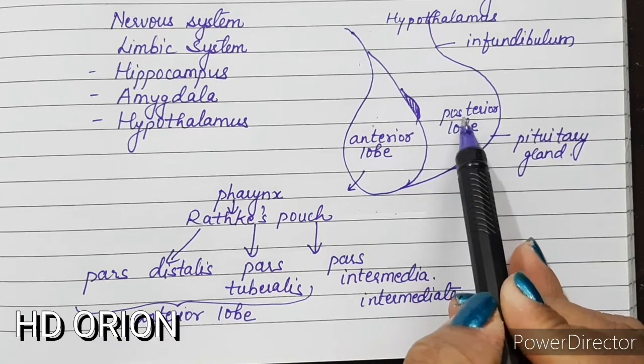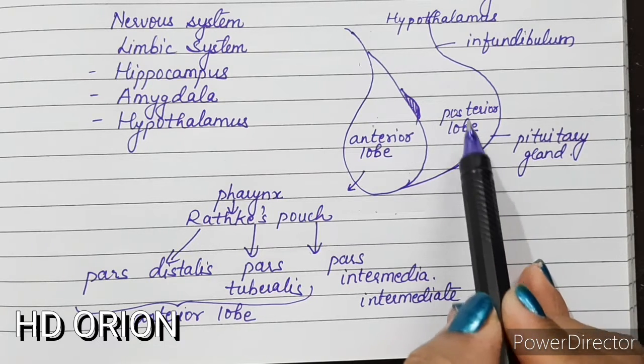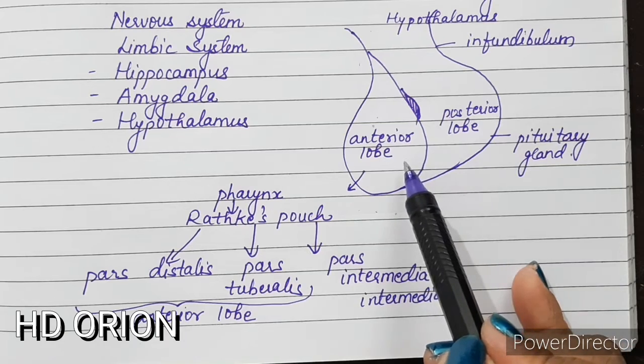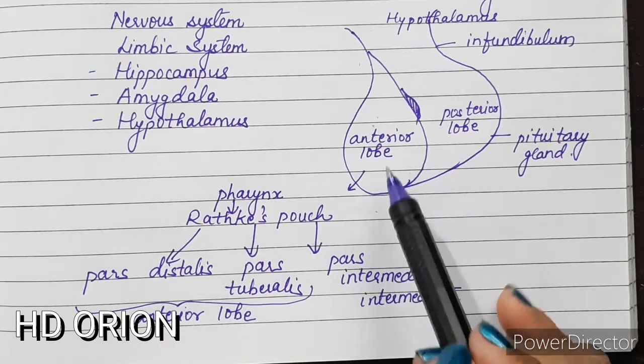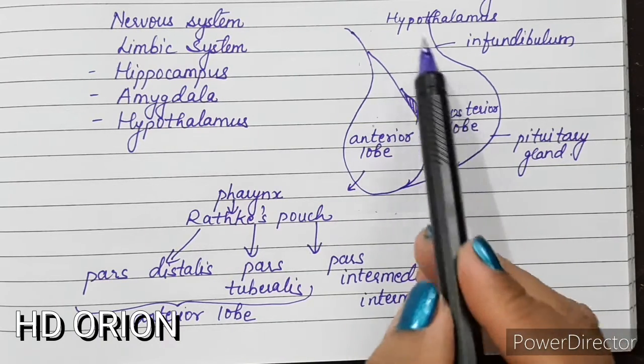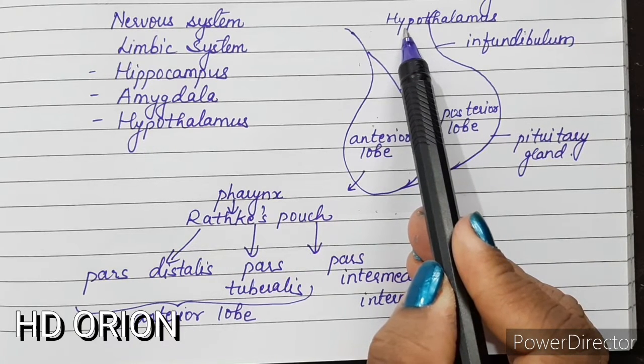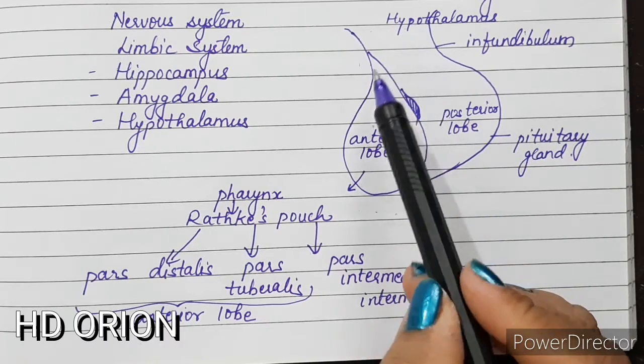But then it's not the posterior lobe which is secreting it. The posterior lobe only stores those 2 hormones. We are going to study in detail about the hormones that are secreted by each lobe, but the hormones which are secreted by the hypothalamus are known as neurohormones, because these hormones are secreted by the neurons, not the glands.